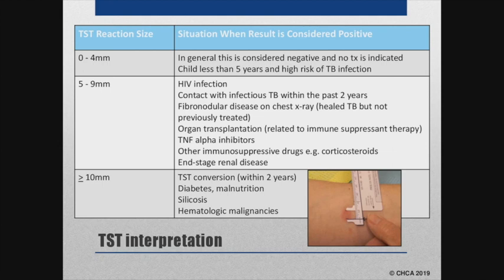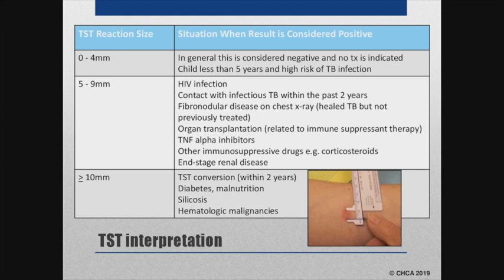If the measurement is 5 to 9 millimeters, we want to consider this positive when the patient may have an HIV infection, contact with infectious TB within the past 2 years, fibronodular disease on chest x-ray, organ transplantation, TNF alpha inhibitors, or other immunosuppressive drugs such as corticosteroids, as well as end-stage renal disease.